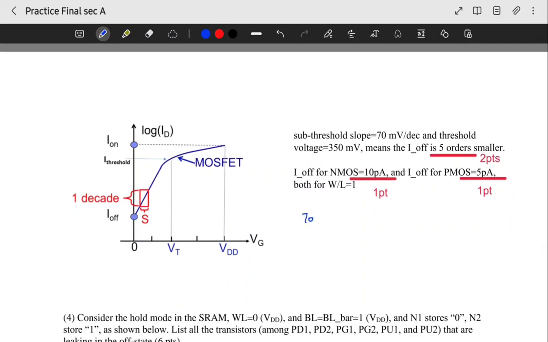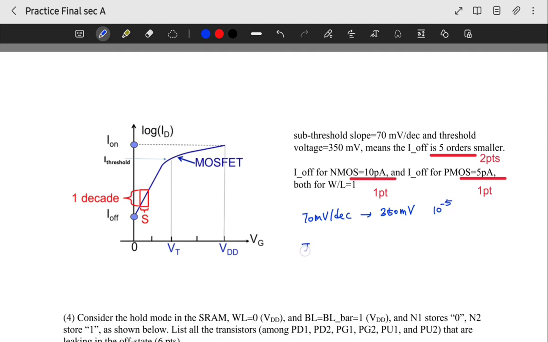So 70 millivolt per decade to the 350 millivolt, we have 5 orders smaller, which is 10 to the negative 5.